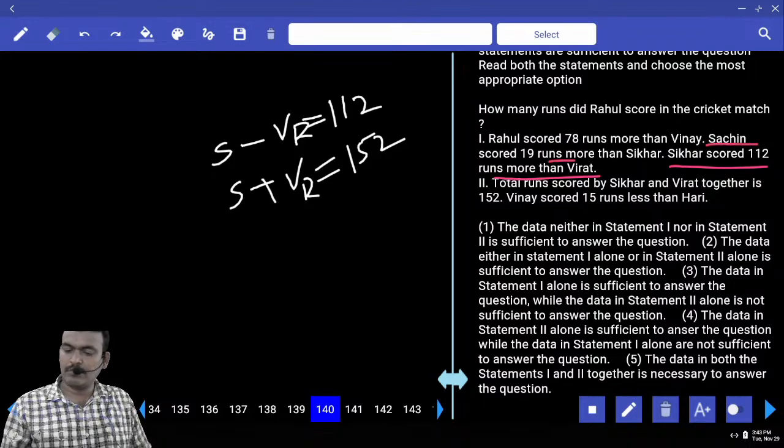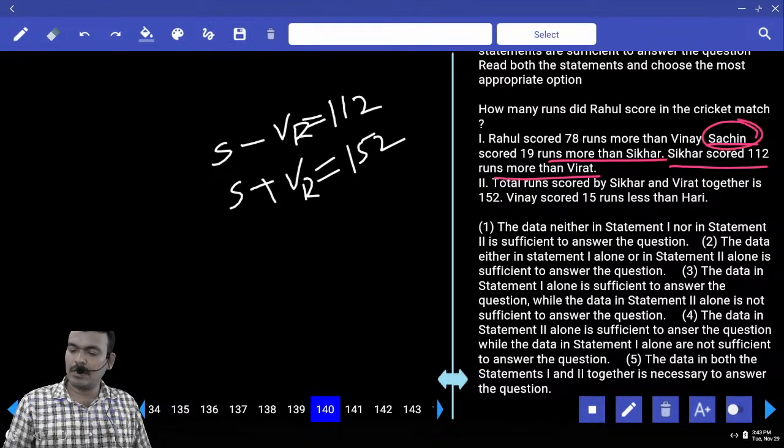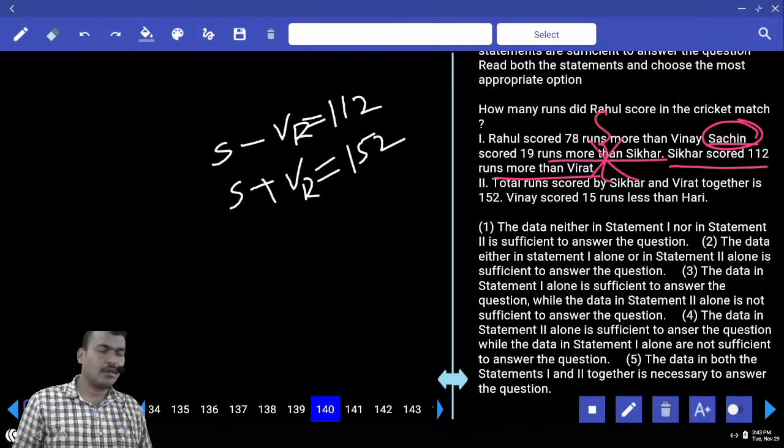Sachin scored 19 more than Sikhar, so we get only Sachin's value. There is no relation between Sachin and Vinay. Combining both the statements, we still do not get the answer. Both 1 and 2 together are not sufficient.